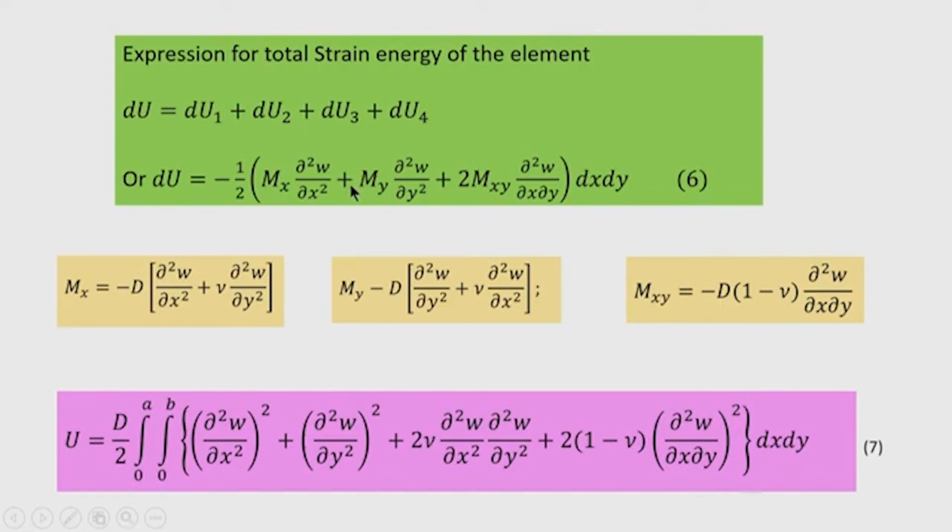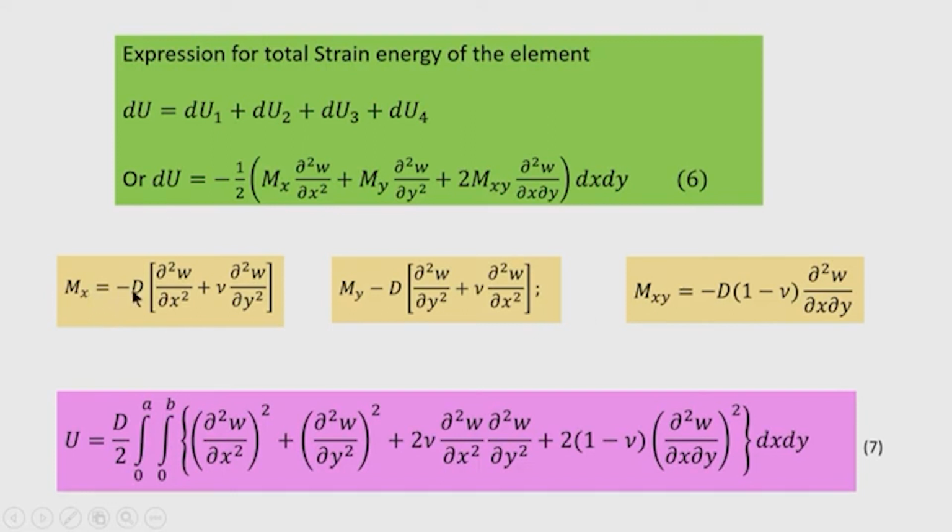Now, let us express the strain energy in terms of deflection. Knowing that Mx, My, Mxy can be related to the deflection, that is the curvature in the x direction as well as the y direction, and Mxy can be related to the twisting curvature, we have these expressions already derived in my earlier classes.